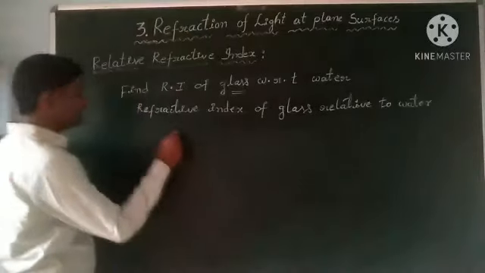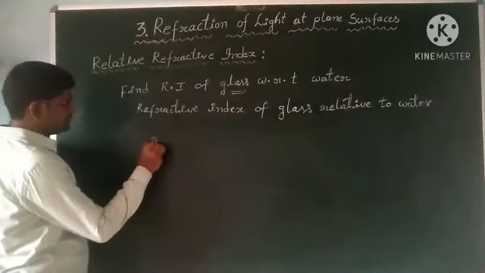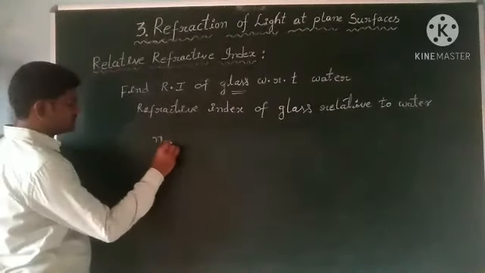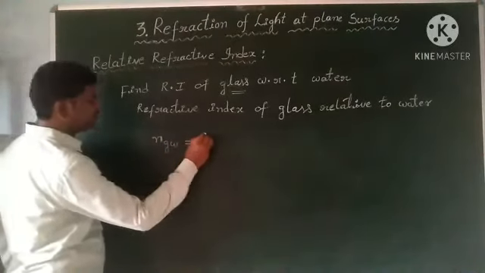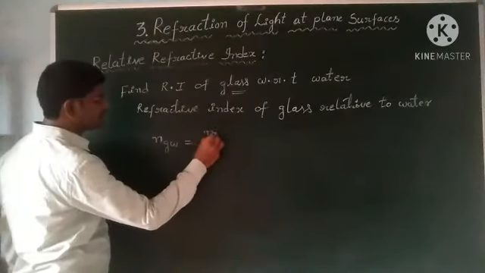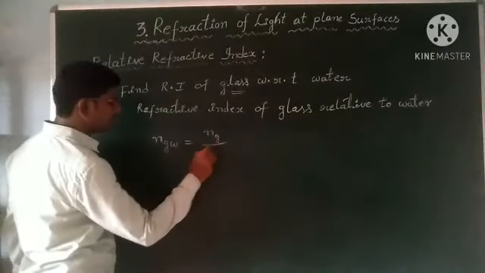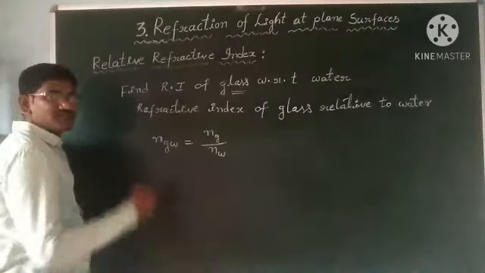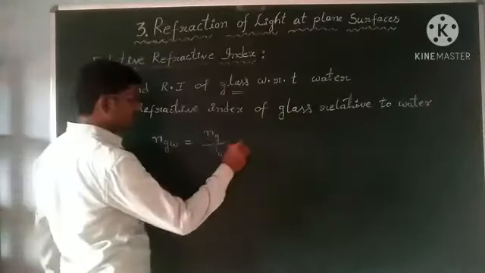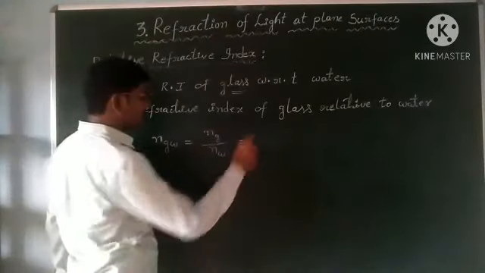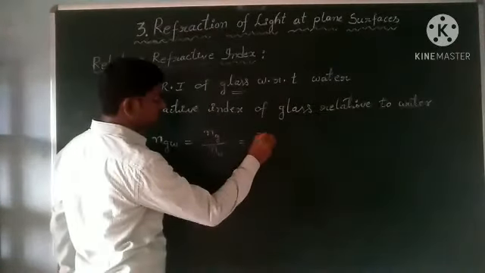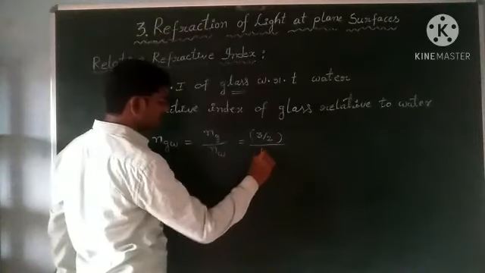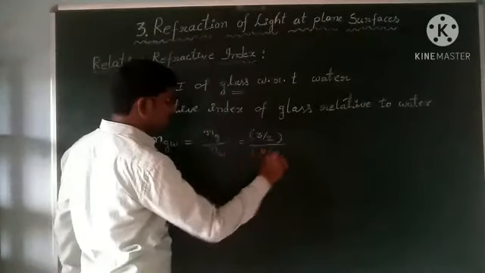Refractive index of glass relative to water is equal to refractive index of glass by refractive index of water. We know the absolute refractive index of glass is 3 by 2 and the absolute refractive index of water is 4 by 3.